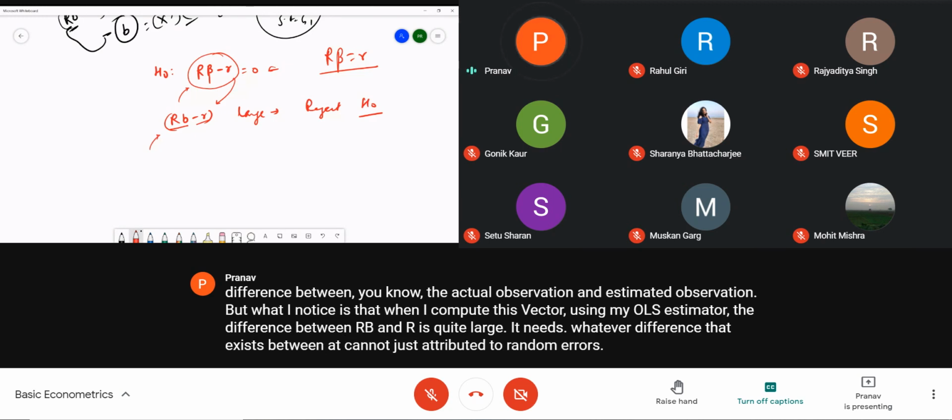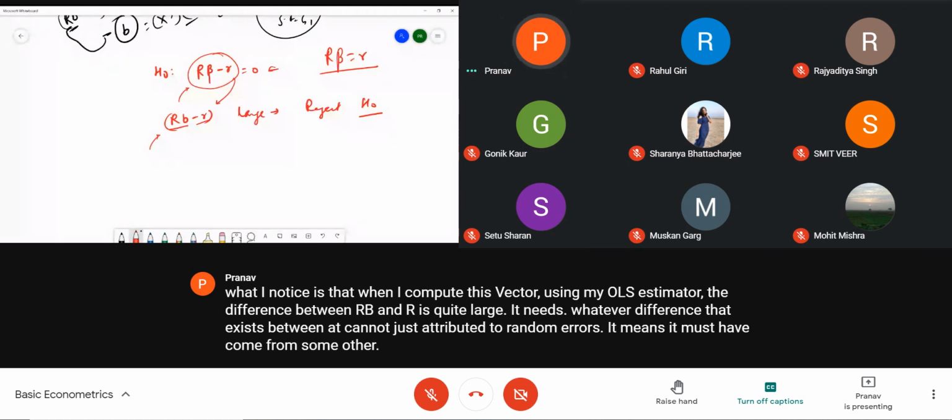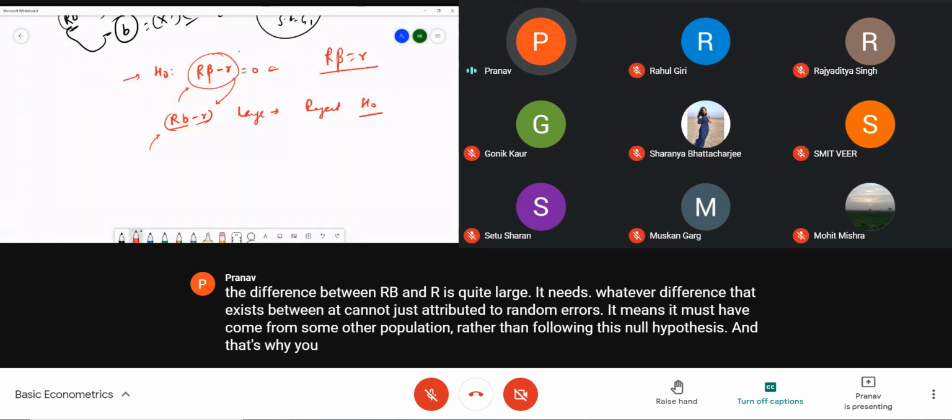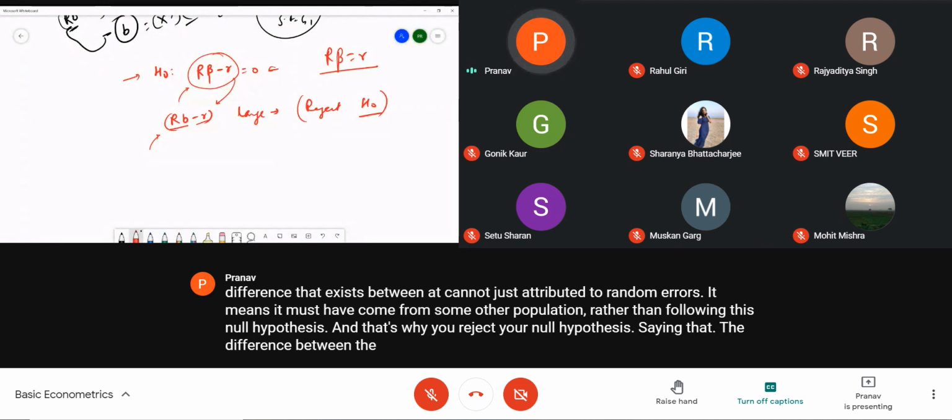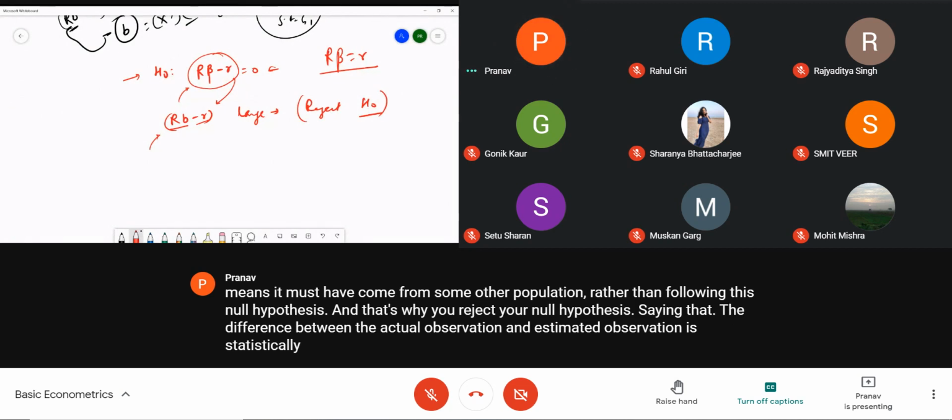It means it must have come from some other population rather than following this null hypothesis. And that's why you reject your null hypothesis, saying that the difference between the actual observation and estimated observation is statistically significant.